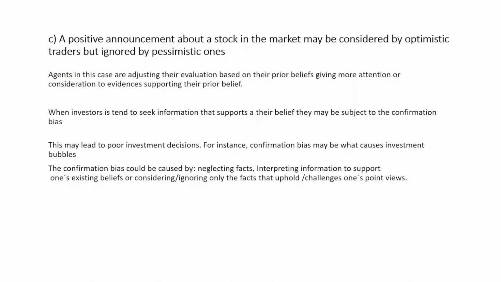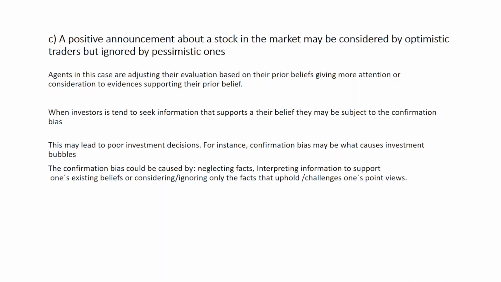So in this case, for instance, the pessimistic agents could be neglecting a very profitable investment opportunity. And the optimistic ones may be giving more credit to this positive announcement than it deserves.